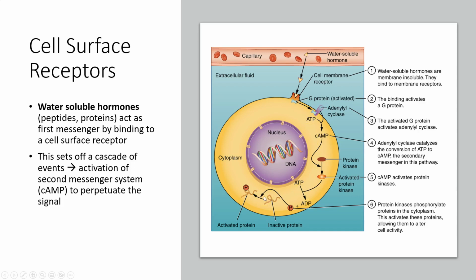This often uses a particular type of signaling protein called a G protein. This G protein is found inside the cell membrane, and it's responsible for activating this signaling cascade to get to our final protein product.